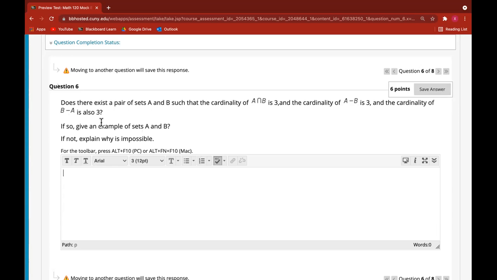Now it asks you to find an example. I see people say it's possible. So if it's possible, then just give an example of A and B.